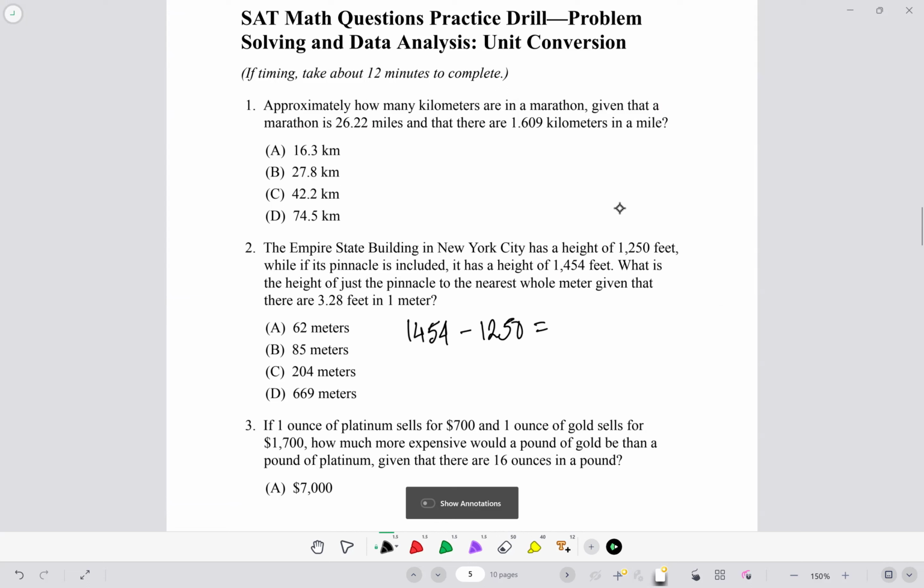What is that answer? Let me tell you, 1454 minus 1250 is 204 feet. And now you need to convert it to meter.